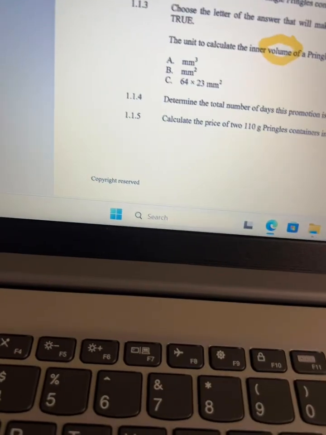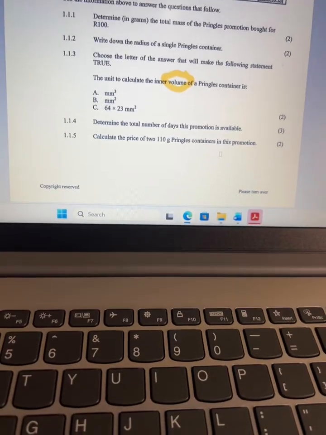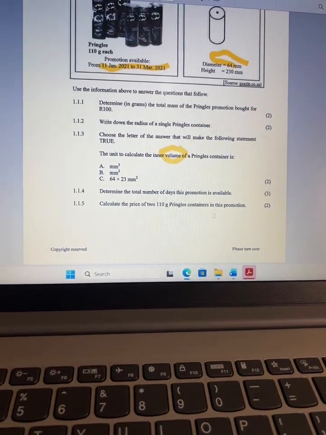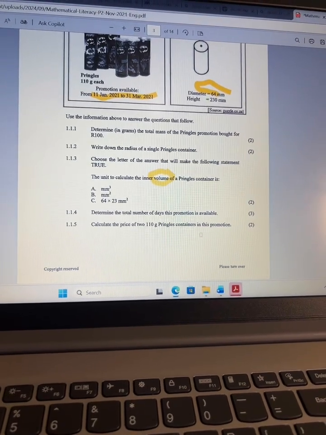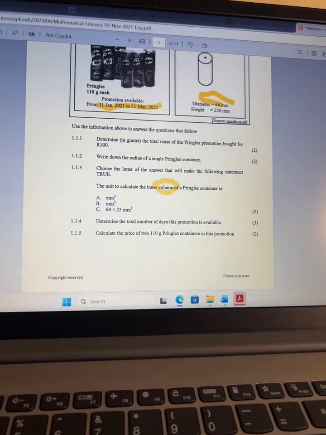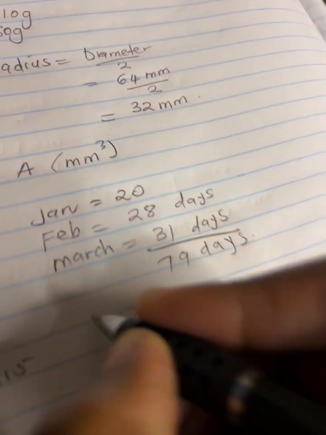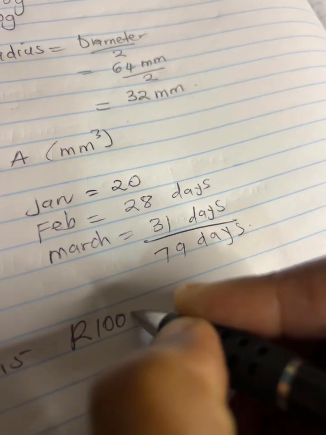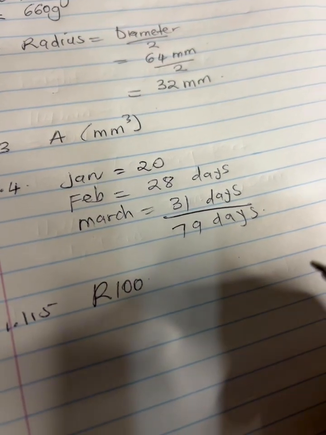So let's go to 1.1.5. Calculate the price of 2 110 gram Pringle containers in this promotion. We look back at the price: the price is 100 Rand for 6. So we have to find the price of each Pringle container.